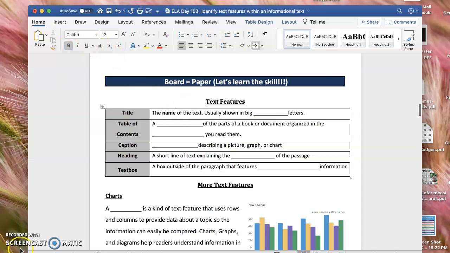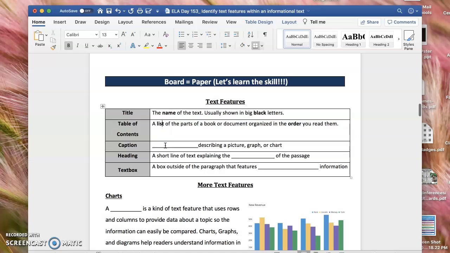Title, of course, is the name of the text and is usually in big black letters. I'm going over this fast because we talked about this for 2 days already. Table of contents is the list of parts in the book or document in the order that you will read them.